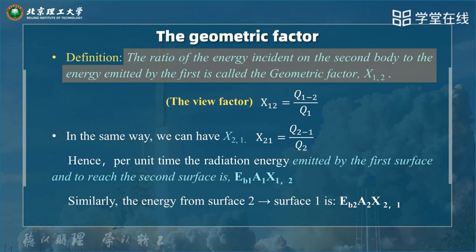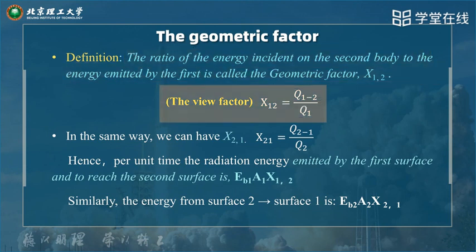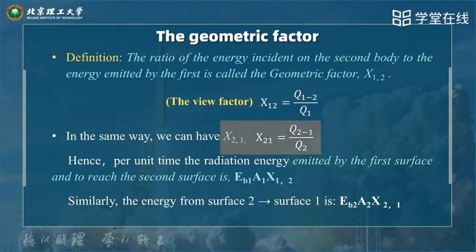Energy from surface 1 reaching surface 2 means the ratio is x1 to 2. The view factor x1 to 2 equals q from 1 to 2 over q1. Certainly, in the same way, we have x2 to 1 equals q2 to 1 over q2. We obtain these two factors.